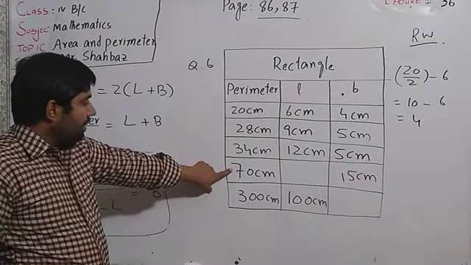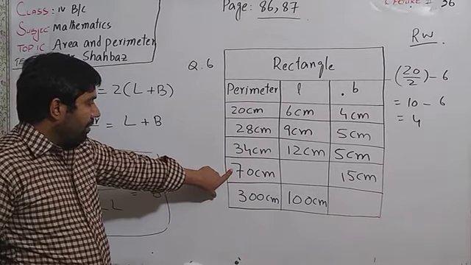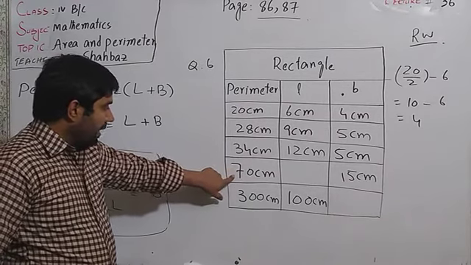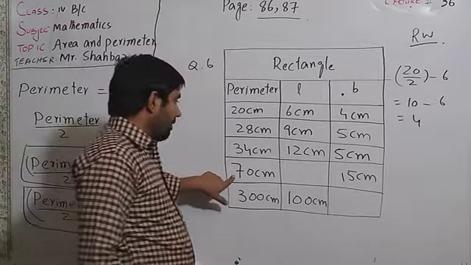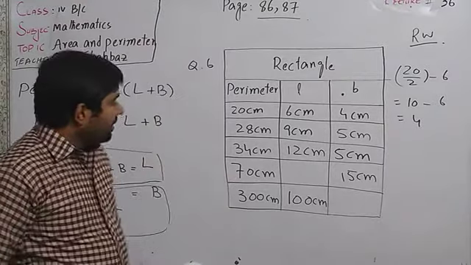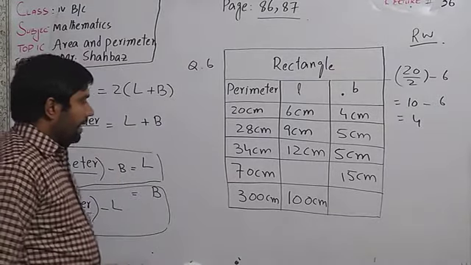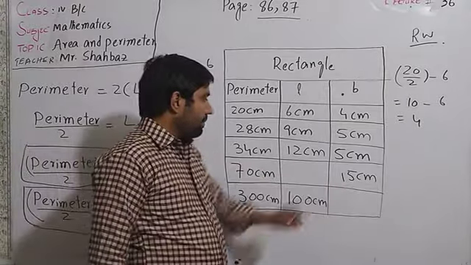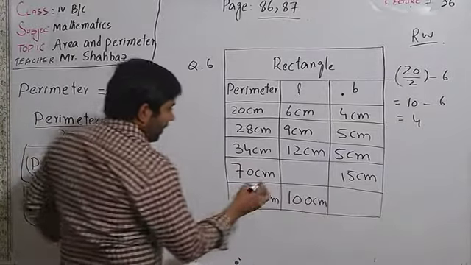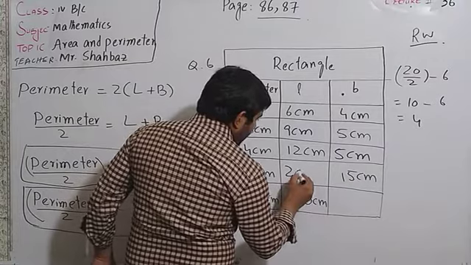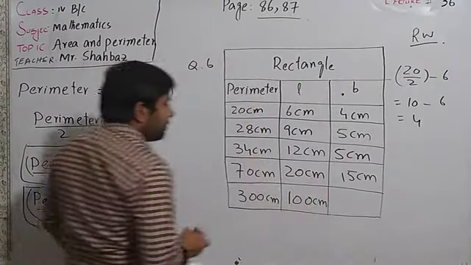Same here, 70 centimeter. This is the perimeter. So we divide by 2. 70 divided by 2, answer will be 35. And 35 minus 15 will be 20 centimeter.